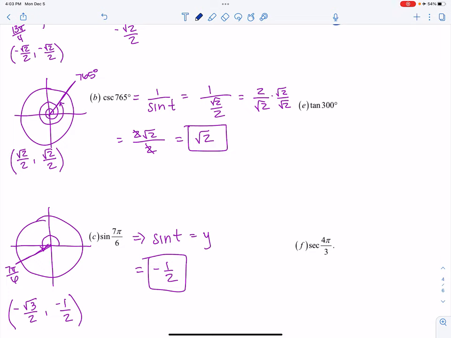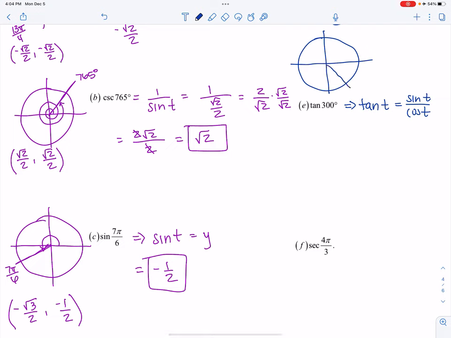All right, tangent of 300 degrees. What do we know about tangent? Well, we know that tangent is the same as sine over cosine. So let's get a reference on our unit circle. Where would 300 degrees be? Well, if we went all the way around the circle completely, we'd be at 360. So that means we're 60 degrees short at 300. So we ended right there.